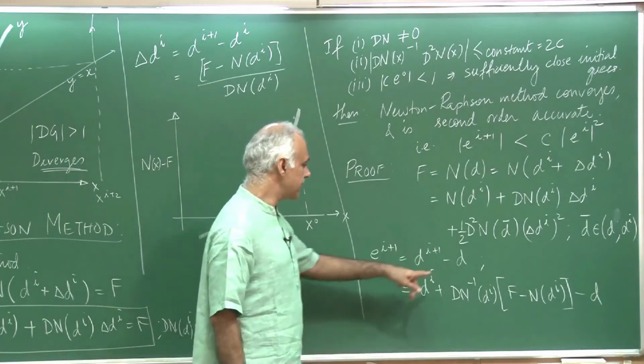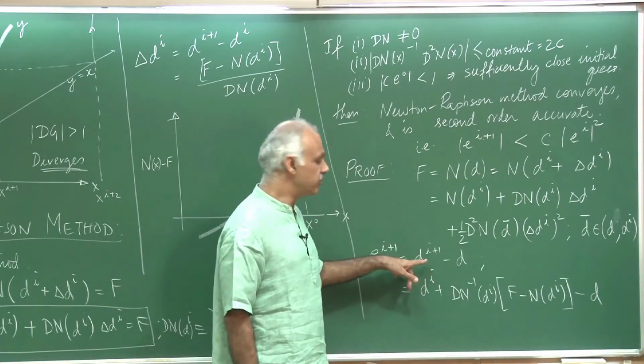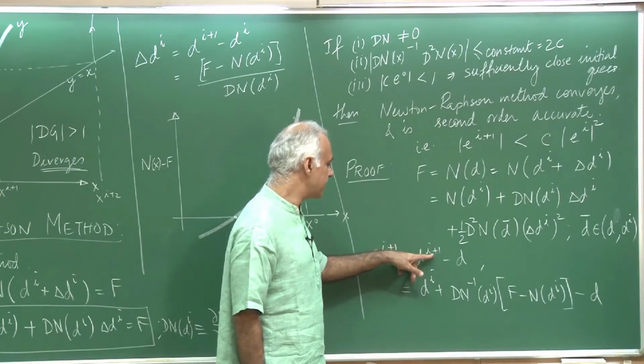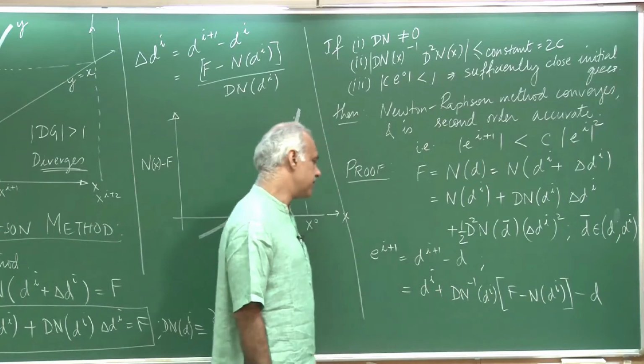So I use the definition of the Newton-Raphson method: if I know d_i, what is d_i plus 1, and I just substituted for that.